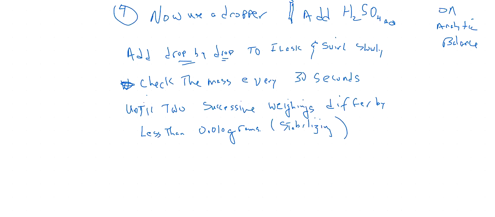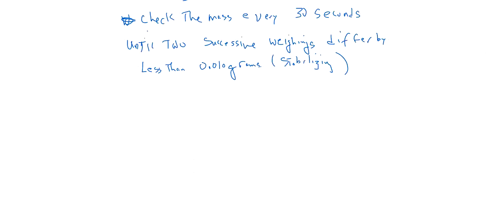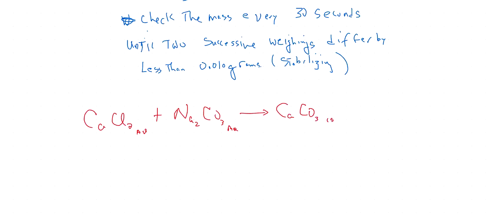Okay. So let's go through some of these reactions. Okay. So we've got the calcium chloride, aqueous, there's the aqueous, right? And we're mixing it in the flask with the sodium carbonate, aqueous, okay? And we get this CaCO3, S. S means this is solid.